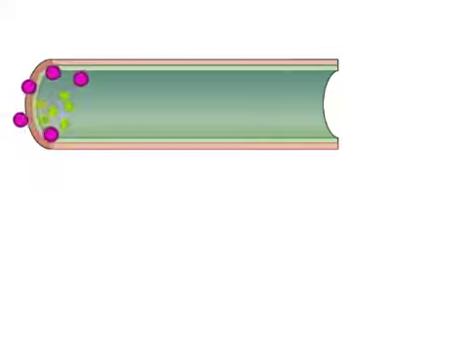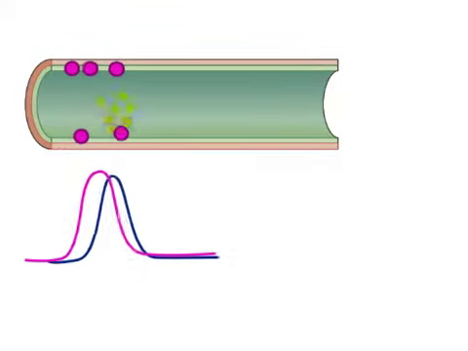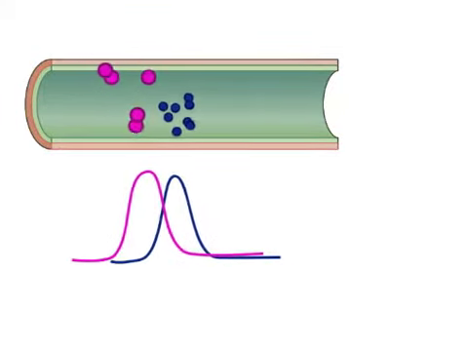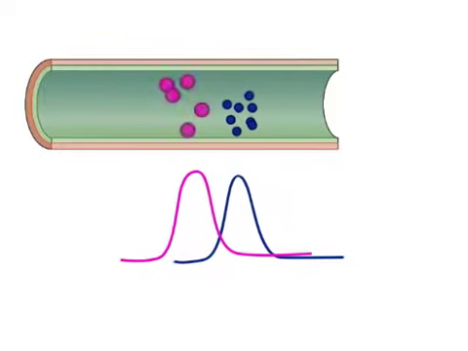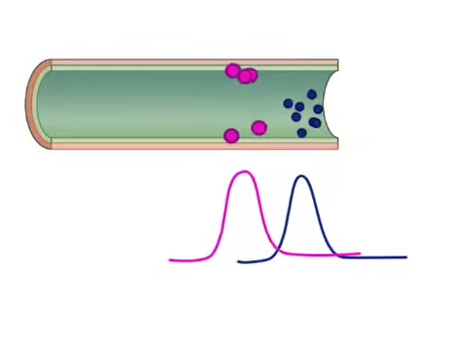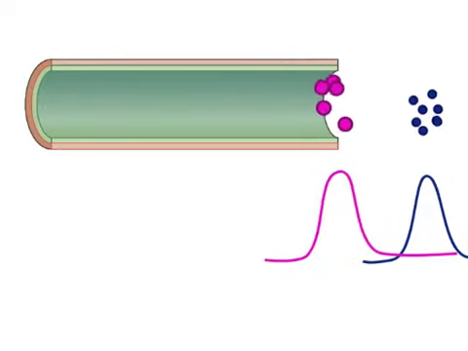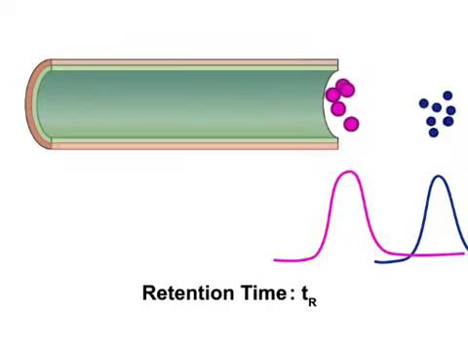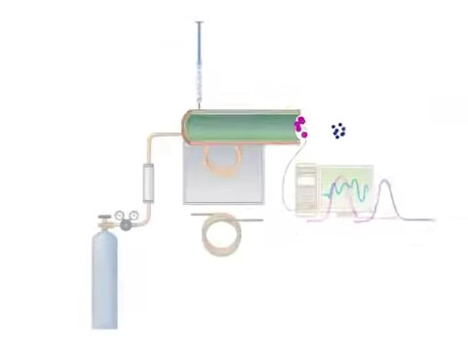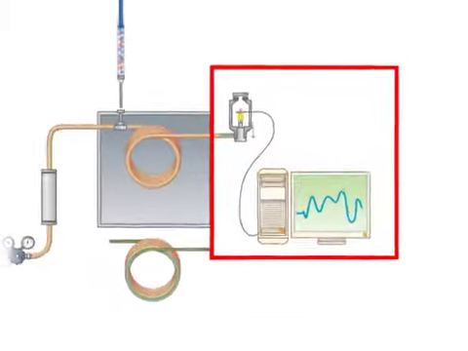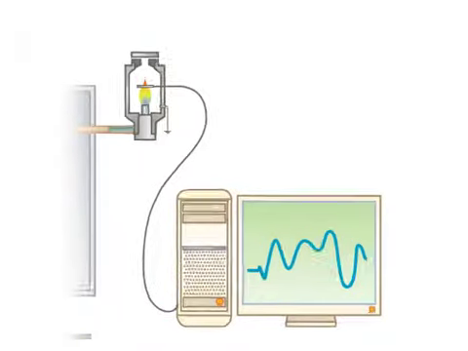Analytes with low chemical affinity for the stationary phase move quickly through the column, while molecules with high affinity are slowed as they adsorb to the column walls. The length of time a compound spends inside the column is called its retention time, or RT, and allows compounds to be identified.